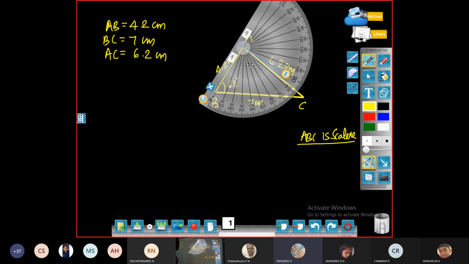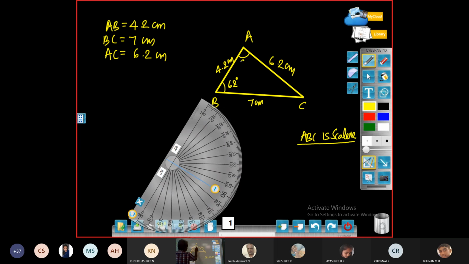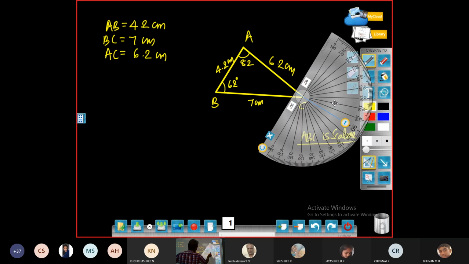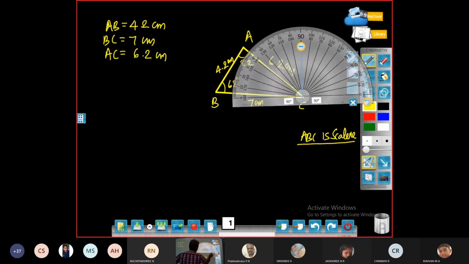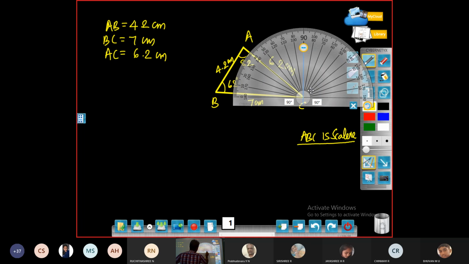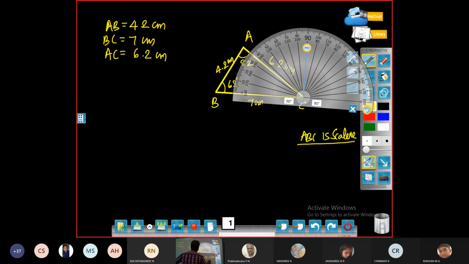So now you measure this angle. Now you are getting almost 82 degree. This is measuring 82 degree. Then keep this. Now you measure this angle.